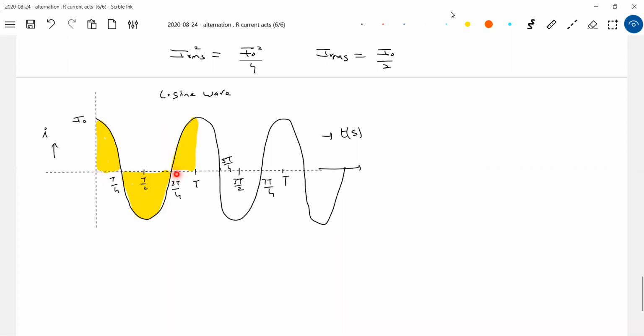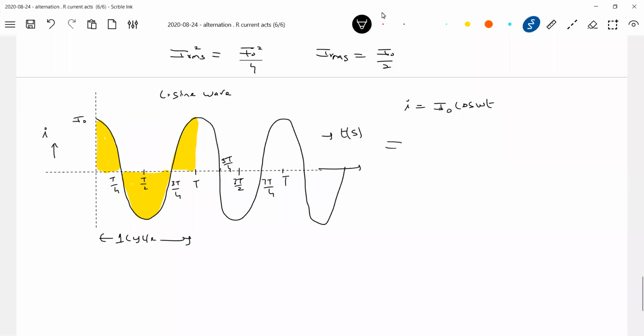So 0 to T by 4, then T by 4 to 3T by 4 in the opposite direction, again 3T by 4 to T in the positive direction. So the current will alternate. This is also an AC signal. This is one cycle, or one time period. This part of the graph is what will repeat again and again. Check it. So what is the equation for this? I is equal to I naught cos omega t.